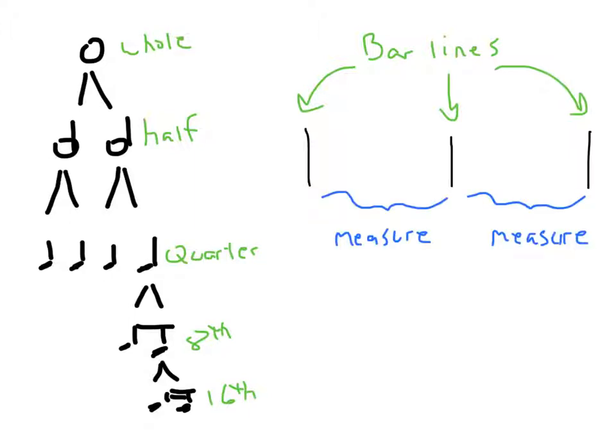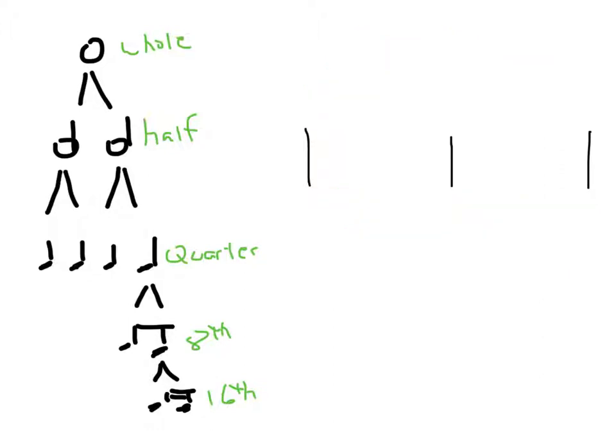The next thing we have to think about is, okay, so we have our two measures here, or however many you may have. You got to be thinking, how many beats do I want in each measure? And I could give you a long-winded definition about what beats are in music, but luckily for you, I'm going to spare you. I'm just going to give you a short definition. Think of beats as a musical pulse.